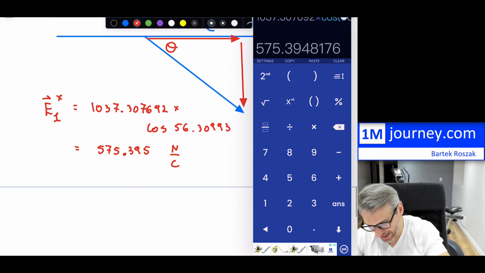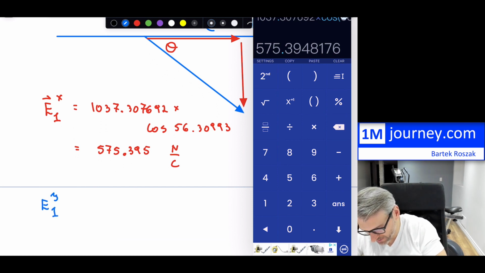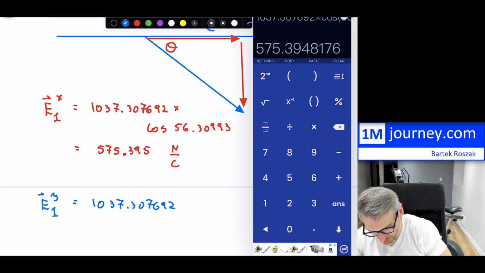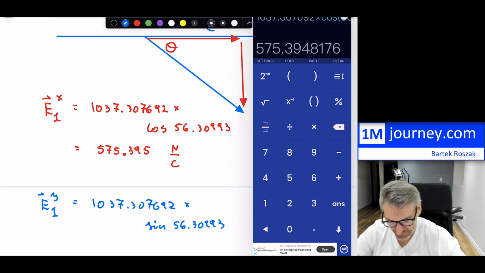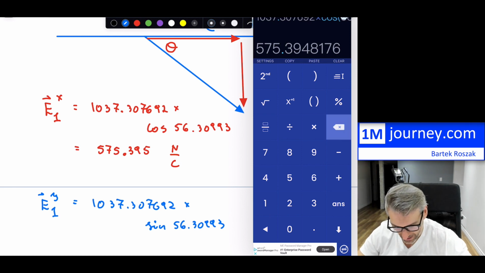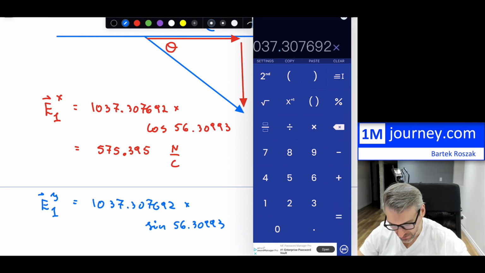If you want to break down the Y component, this is going to be the Y component of our value, the same exact thing. You're going to be multiplying this through, but now instead of cos, you're going to have to multiply by sine of the angle, 56.30993. So if I go back in here, let me delete this.